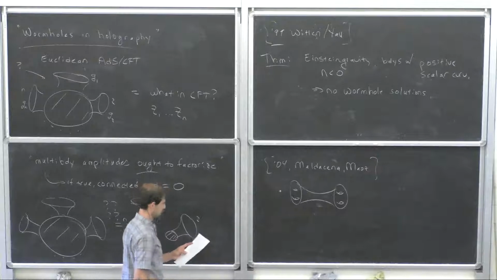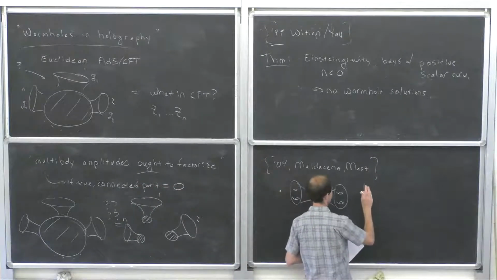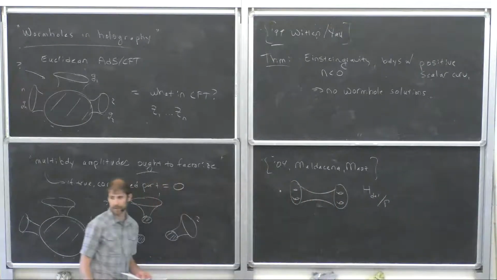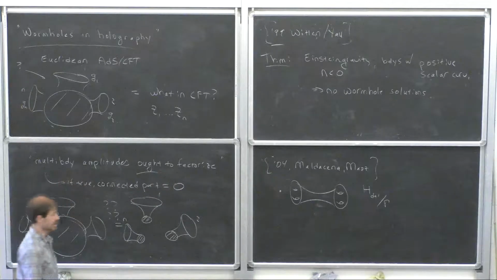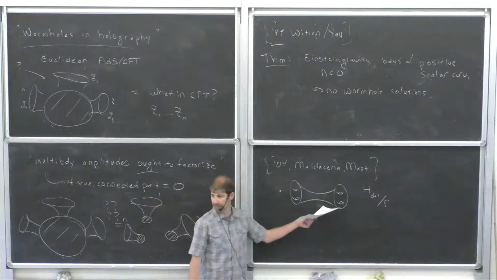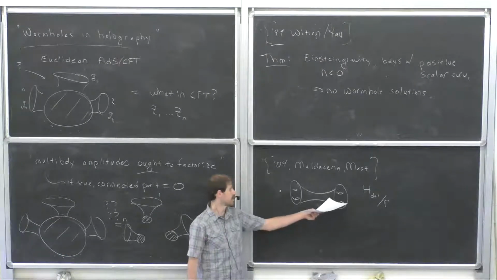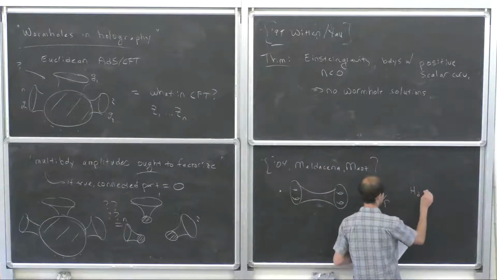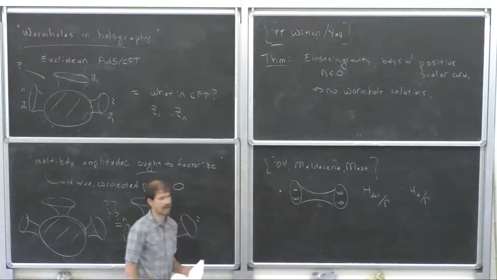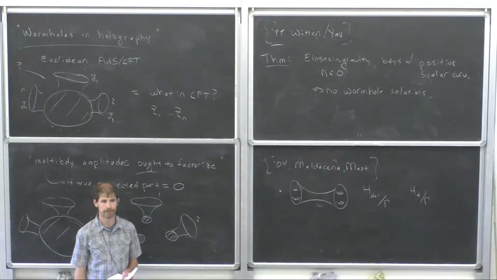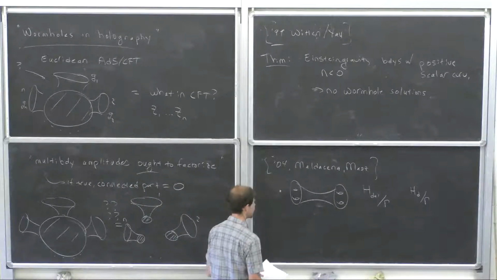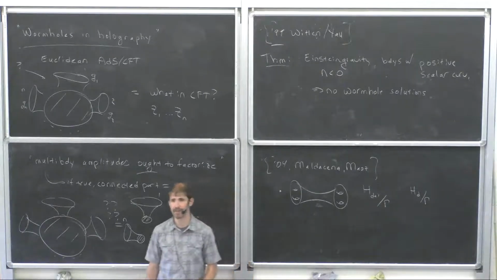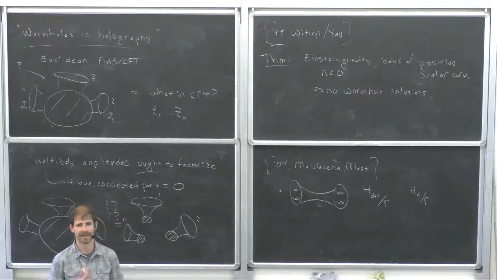The first one is you can take hyperbolic space in d+1 dimensions and quotient it by certain subgroups of the isometry group in such a way as to produce Einstein manifolds, non-singular Einstein manifolds, with two boundaries, not one, and where the boundaries are constant negative curvature manifolds, themselves quotients of H^d. So for instance, if we were in 2+1, then the boundary would be two-dimensional, and these would be uniformized higher genus surfaces.